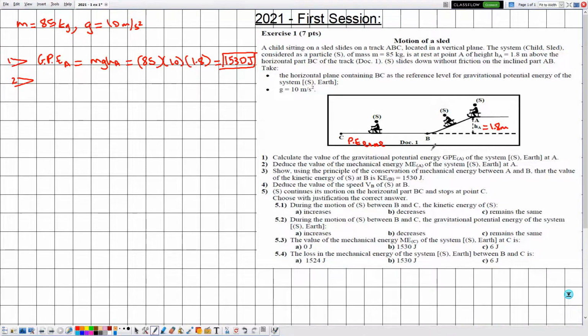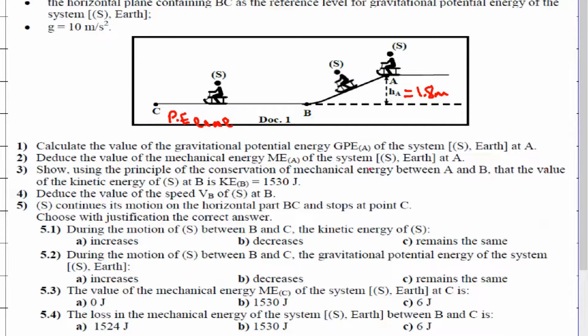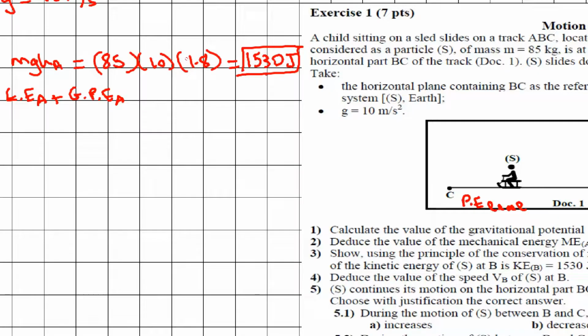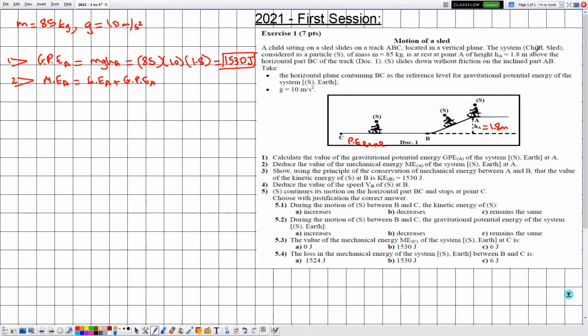Now, in number 2, they are telling us to deduce the value of the mechanical energy of the system at A. Now, always and forever, the mechanical energy is the sum of kinetic and potential. Previously we have determined the value of the gravitational potential energy. What about the kinetic energy?